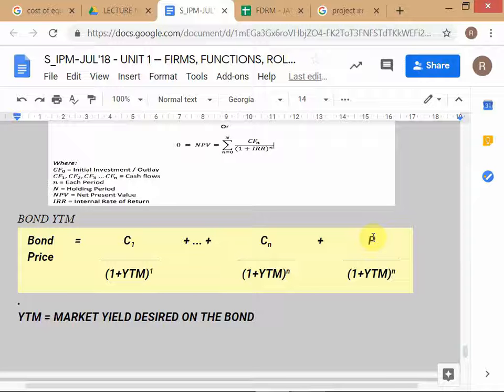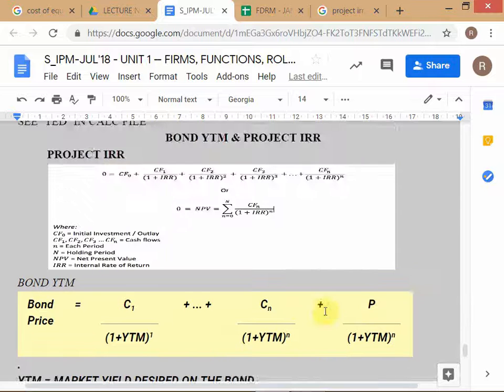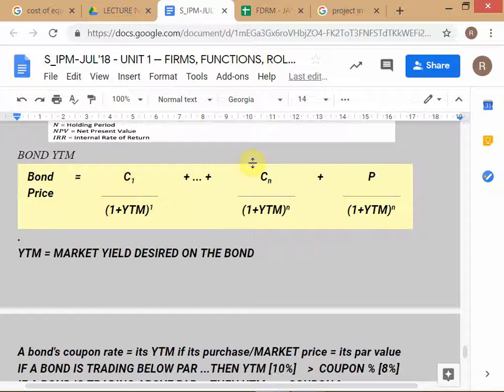You have heard of the salvage value or the terminal value when you do it for stocks. In projects you will have something called salvage value. Then you sell off the project and get that, which is conceptually equivalent to the principal repayment. Can you see that? So these are all the same. Next time you see this equation, you are modeling the YTM as a function of bond price plus returns from the bond, which consist of both principal and interest. Is this clear?